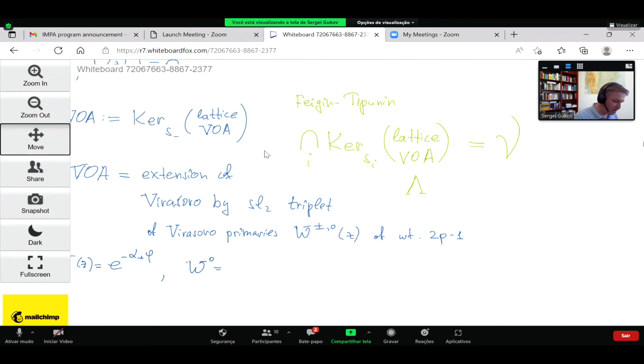W0 is a commutator of S plus with W minus, and W plus is S plus with W0.